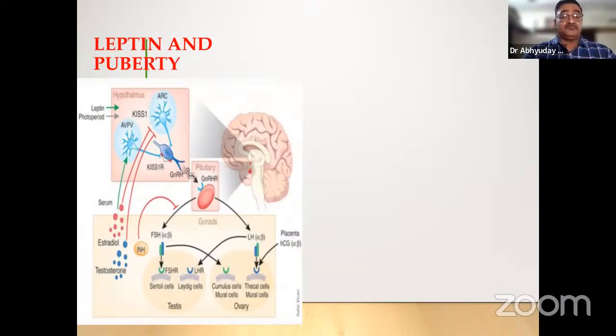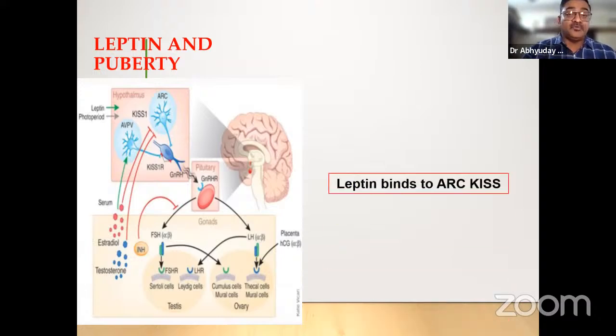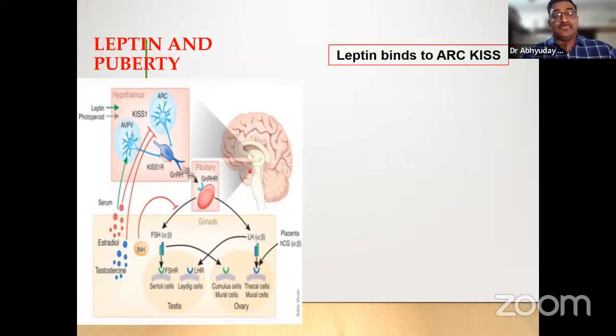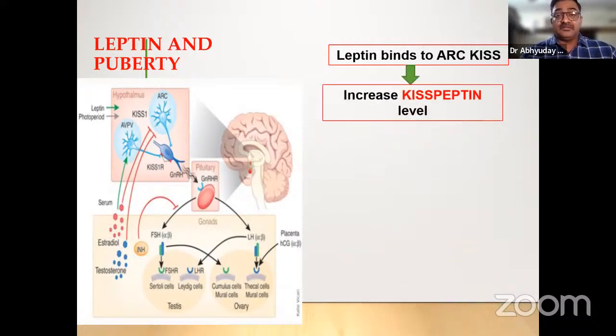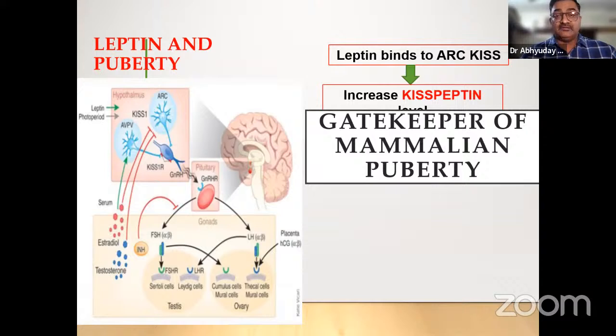Yes, leptin, other than taking care of satiety, takes care of puberty. Proper leptin produced by adipocytes is required for normal pubertal development, because leptin binds to ARC kisspeptin. It increases the kisspeptin levels, and it is said to be a gatekeeper of mammalian puberty.